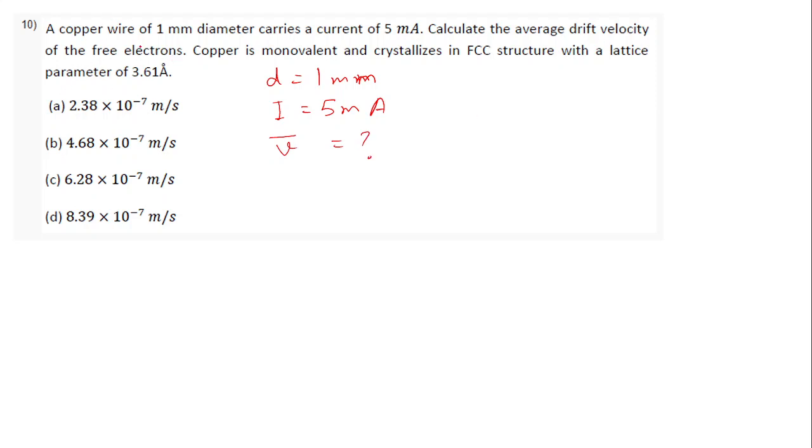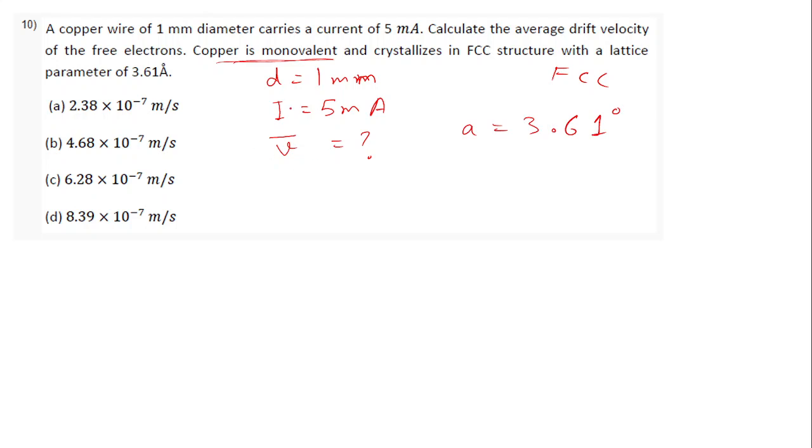We are talking about copper metal, so we consider electrons as free electrons, like the particles in a gas. Copper is monovalent, meaning one atom contributes one electron, and it crystallizes in FCC structure with a lattice parameter of 3.61 angstrom.